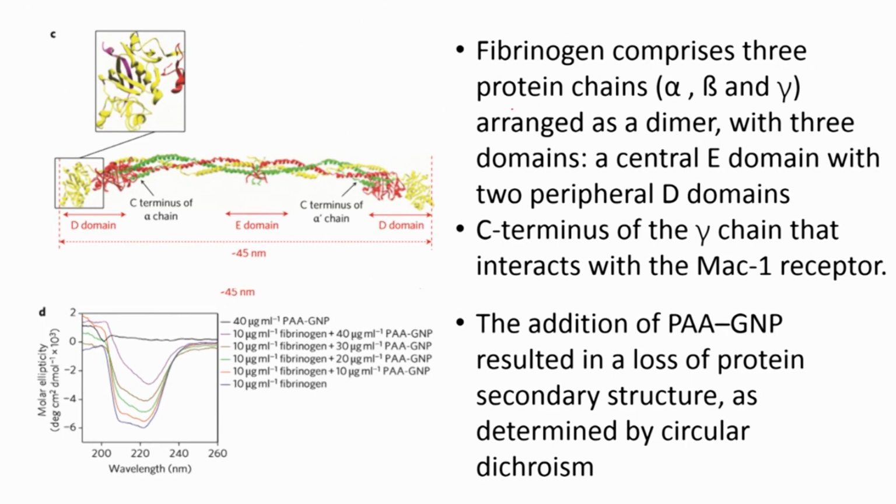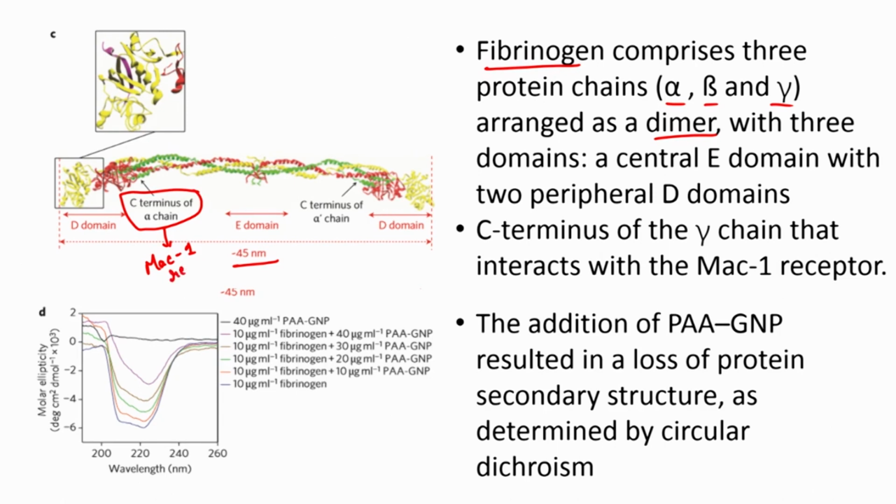Fibrinogen comprises 3 protein chains, the alpha, beta and gamma, and this is the conformation, a fairly large molecule, 45 nanometer, and it is a dimer. What they have further shown is that this C terminus, which is fairly covered in a normal protein structure, has a binding site for a receptor on a cell which is called MAC1.